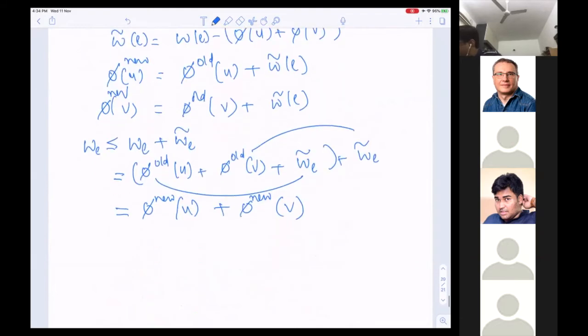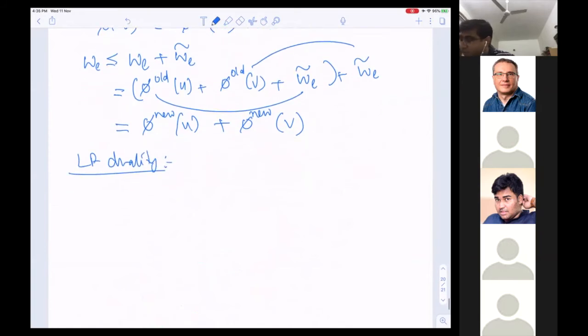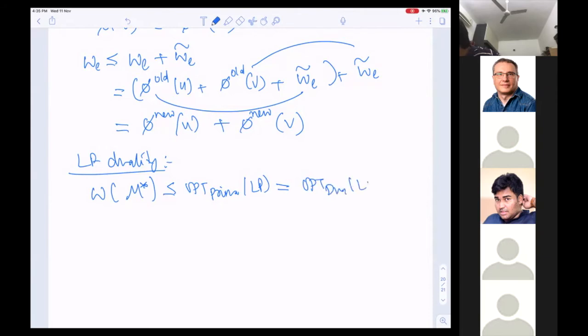Now, what does LP duality tell us? It tells us weight of M star, which is an integral solution, is less than or equal to opt primal LP, because if you relax, this is equal to opt dual LP, by primal dual max and min.